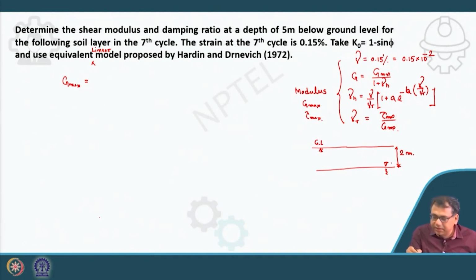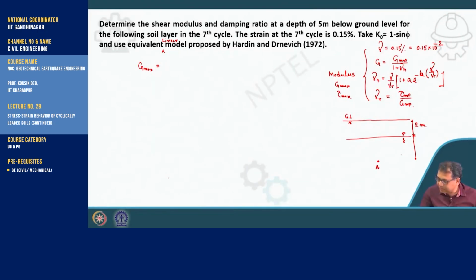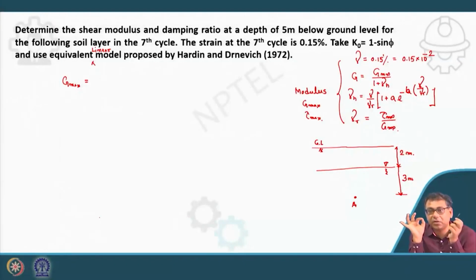At 5 meter below the ground surface, that means 3 meter below the water table, is the point, say A. From A the sample is taken and tested. It is observed that for the 7th cycle the strain is 0.15%. Now I have to determine the shear modulus and damping at that strain level under the 7th cycle.